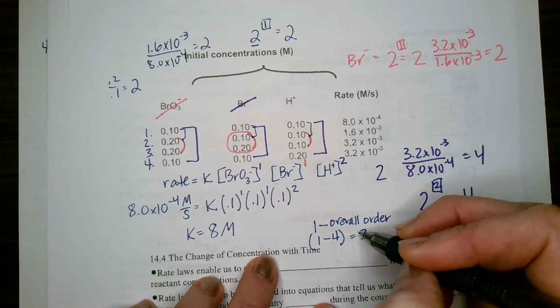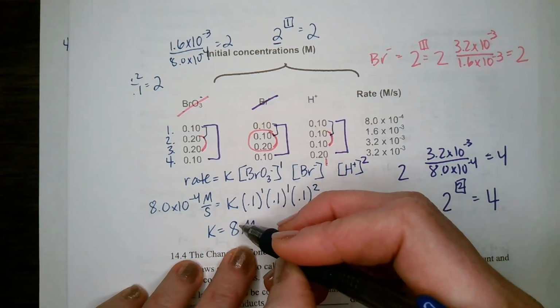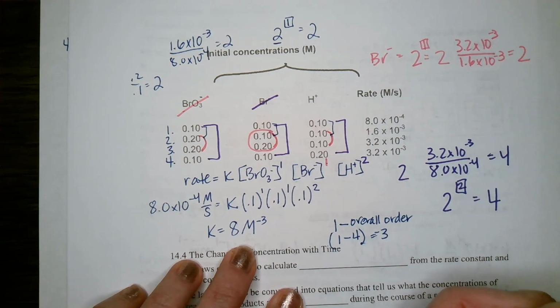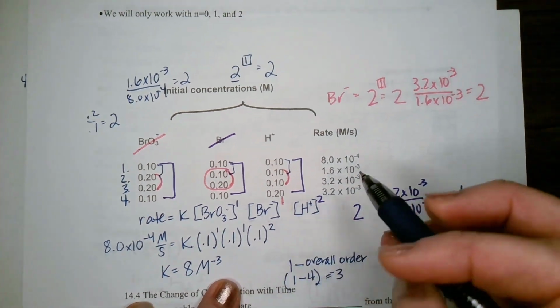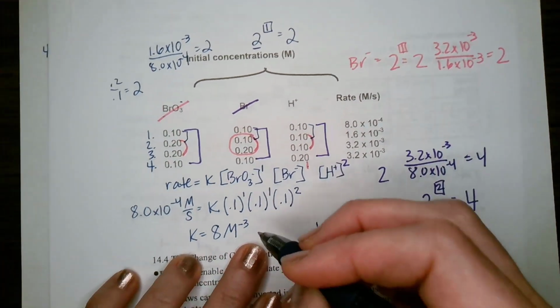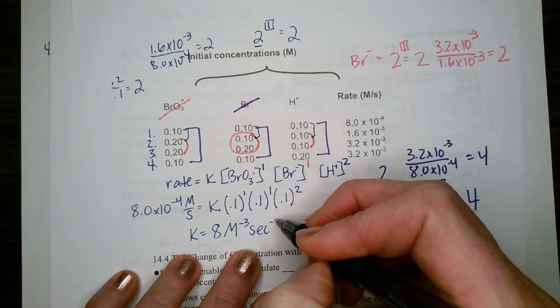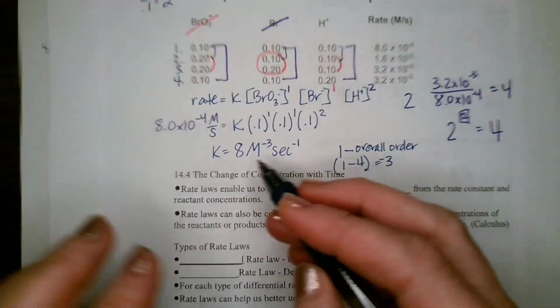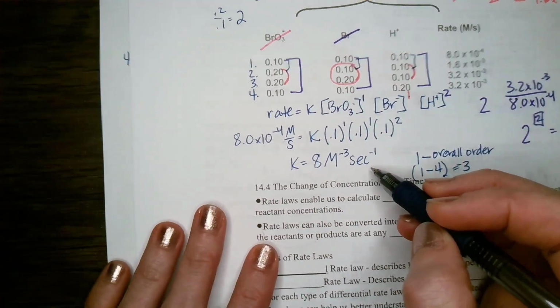So 2 plus 1 plus 1 is 4. 1 minus 4 is negative 3. So 8 molarity to the negative 3, and then over time, and our time is in seconds here, so seconds raised to the negative 1.